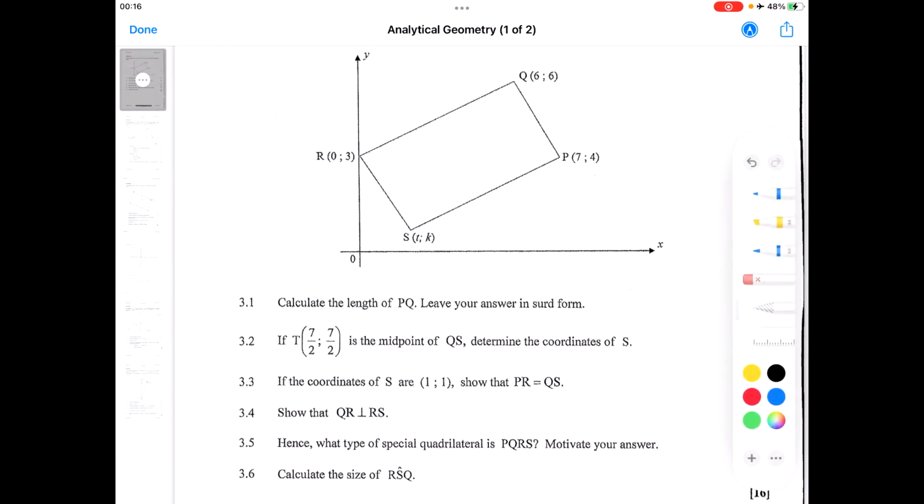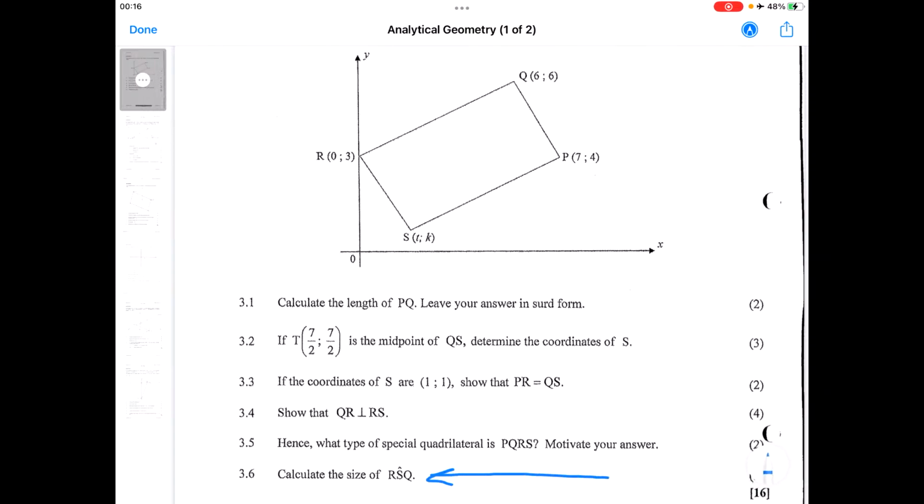Let me quickly indicate something very important to you guys. Calculate the size when something is written in this format. There you are having RSQ, and this is how you read it. You say angle S in triangle RSQ.